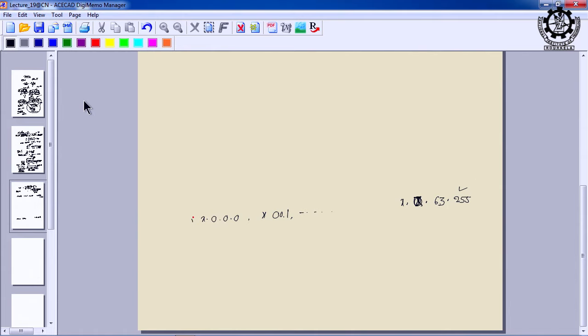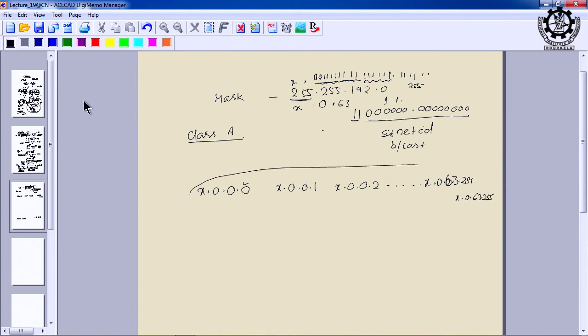In this whole series you will find that your subnet ID is 0. So for the whole series your subnet ID is 0. That means this is again a special address. Can you allot this address to any host?